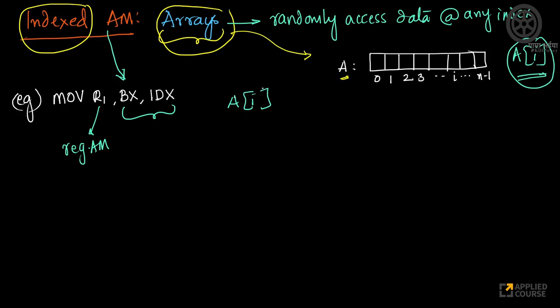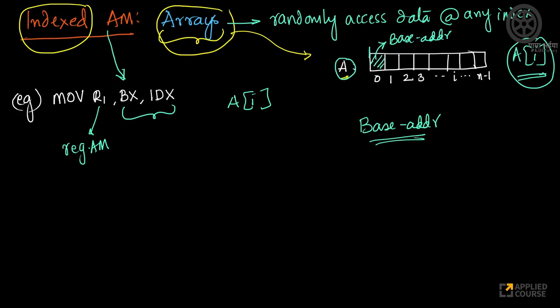A, as an array itself, has something called a base address. Again, this is a concept that we learned when we learned the C programming language and how pointer arithmetic works. The base address is the location where your array is stored, where the 0th index element starts.